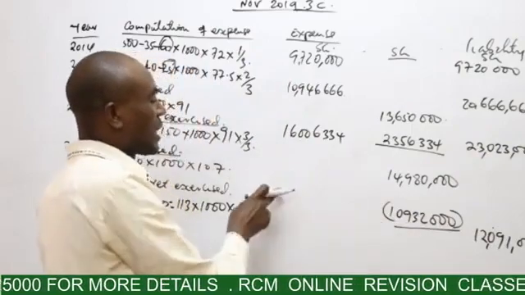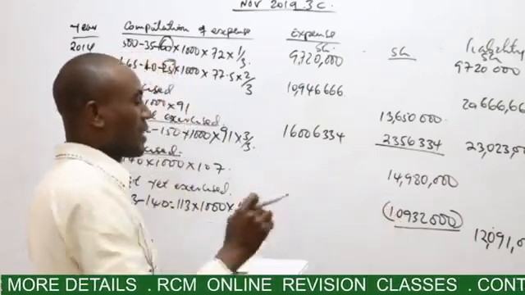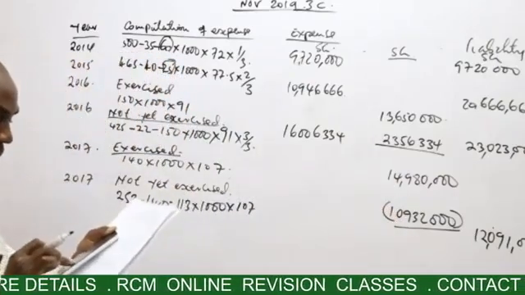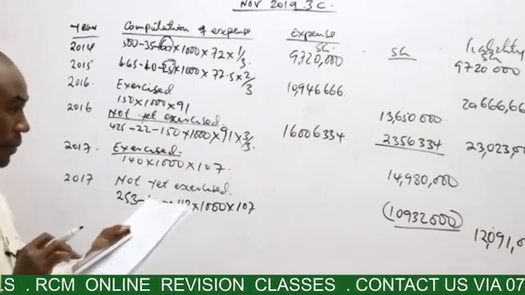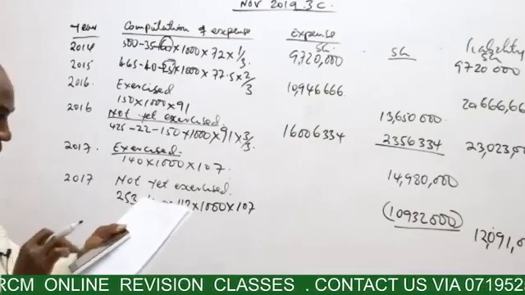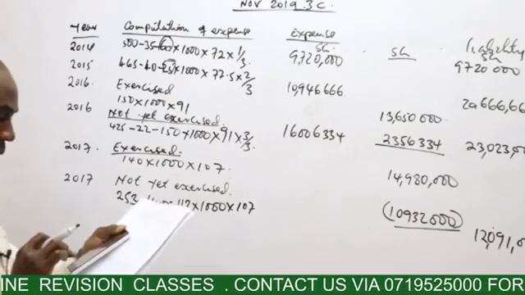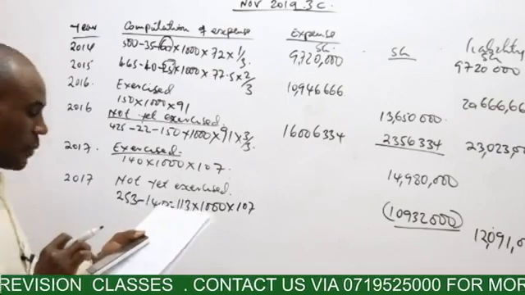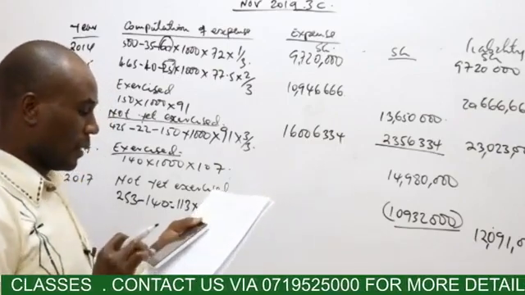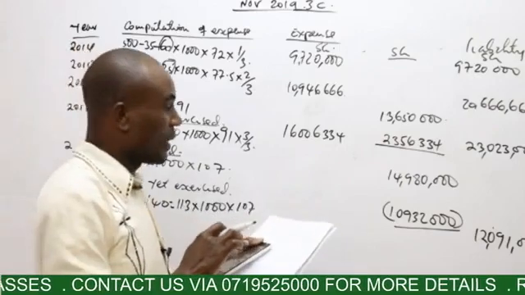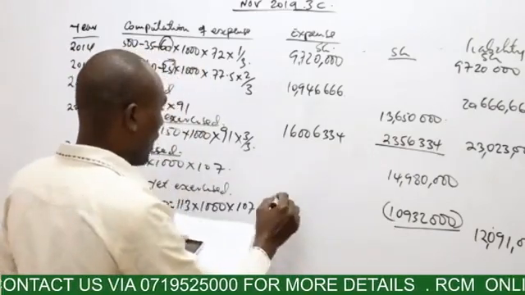Now to get the expense here, I compare this with this, which means I take this minus this. $14,980 minus this one, I'm getting 4,000.